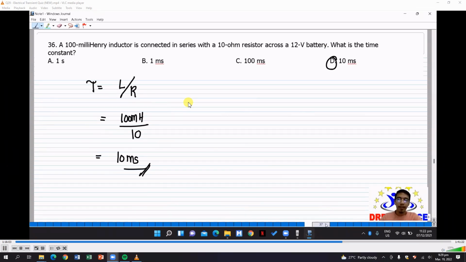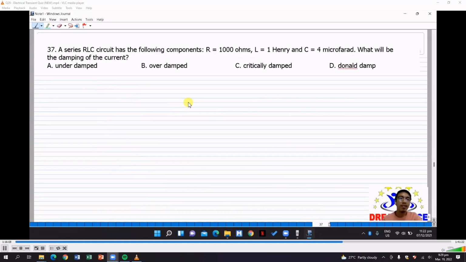Okay, next number 37. A series RLC circuit has the following components. R equals 1000 ohms, L equals 1 Henry, and C equals 4 microfarad. What will be the damping of the circuit or of the current? Again, series na naman to. So yung formula natin kanina, (R over L) squared minus 4 over LC. So 1000 squared minus 4 over 1 times 4 micro.